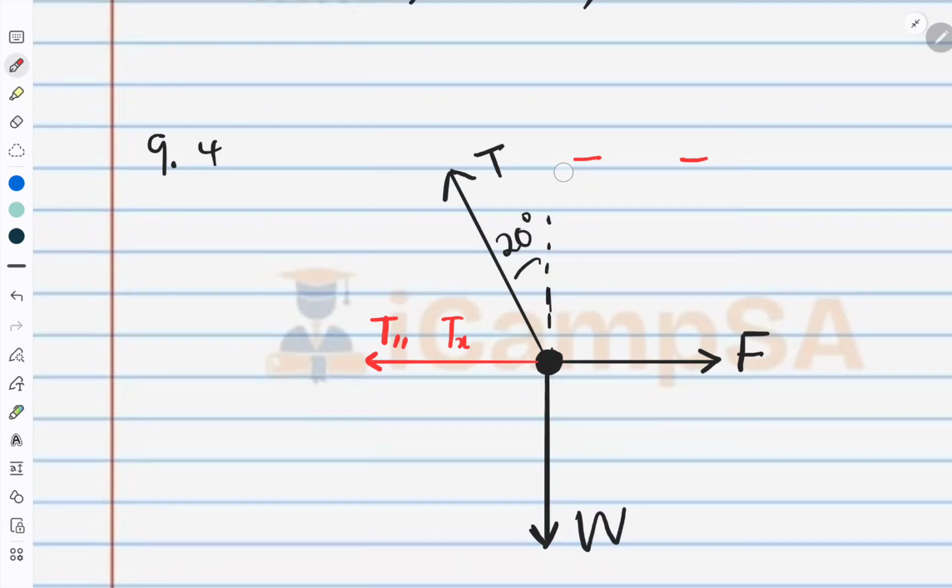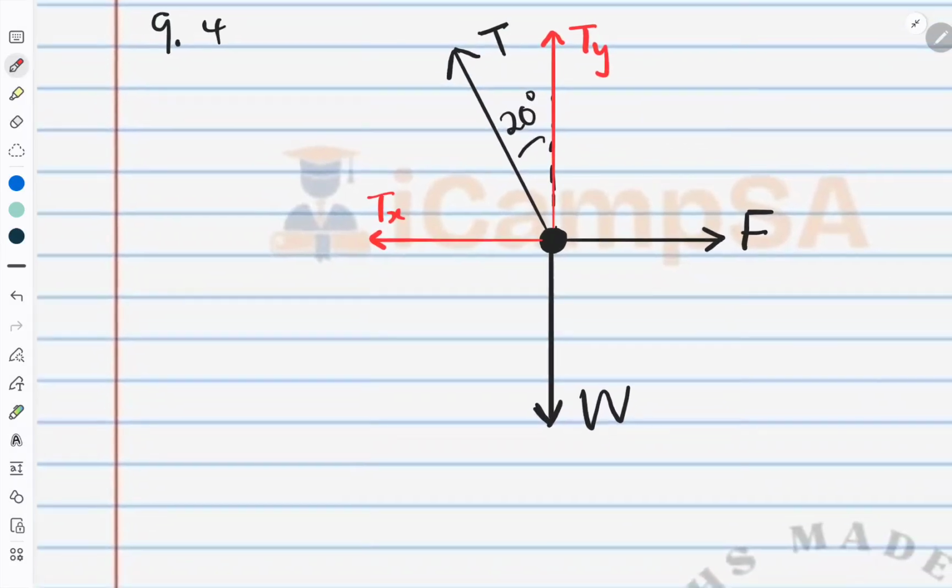Actually, let's call them that. It makes more sense. Ty, then this is Tx. Right, so you'll have these two components.